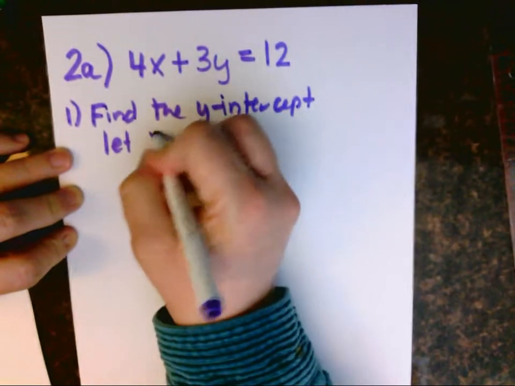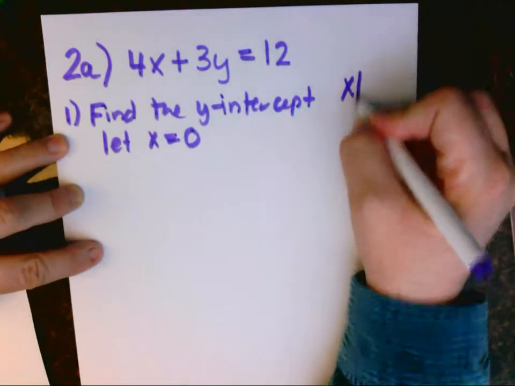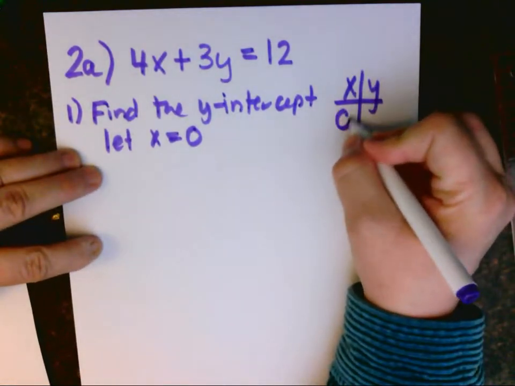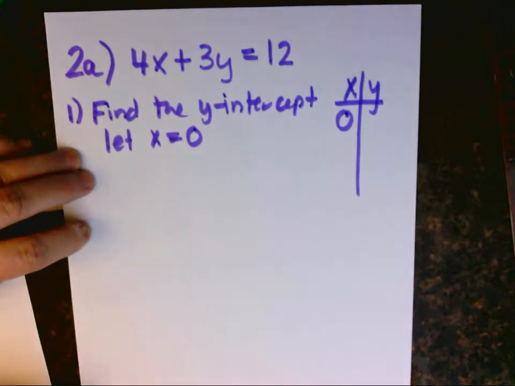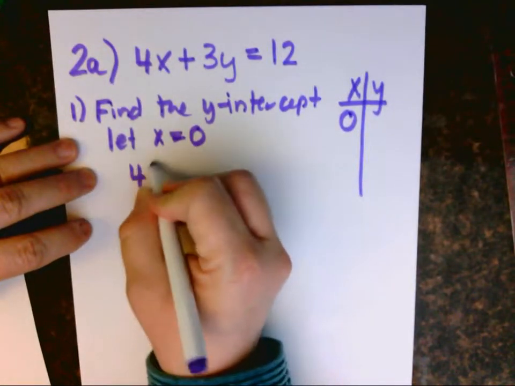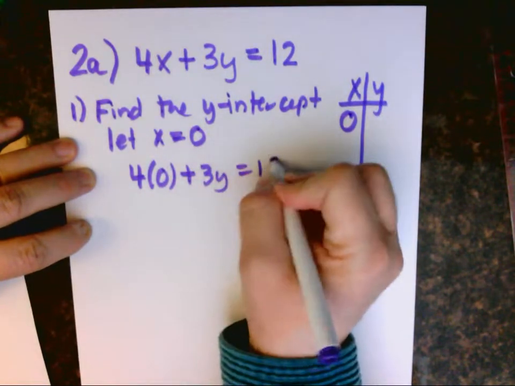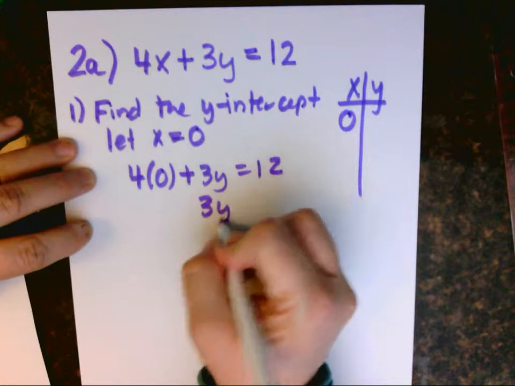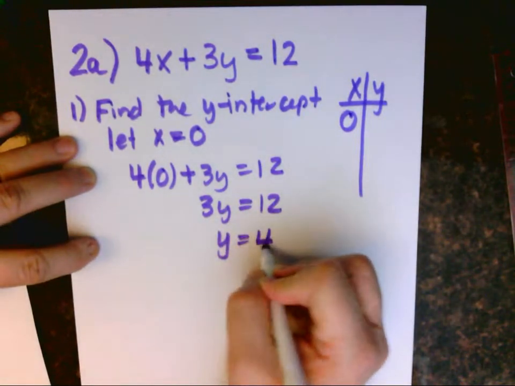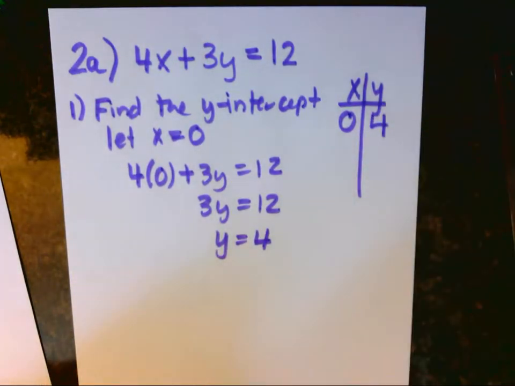Let x equal 0 to find the y-intercept. I can think of making a table of points for this line, and when I put 0 in for the x, that will give me the y-intercept. So I go up to this equation. I don't have to solve it. I can put 0 directly in for the x. 3y is 12, so divide both sides by 3. y is 4. So we find out it has an intercept at 0, 4.